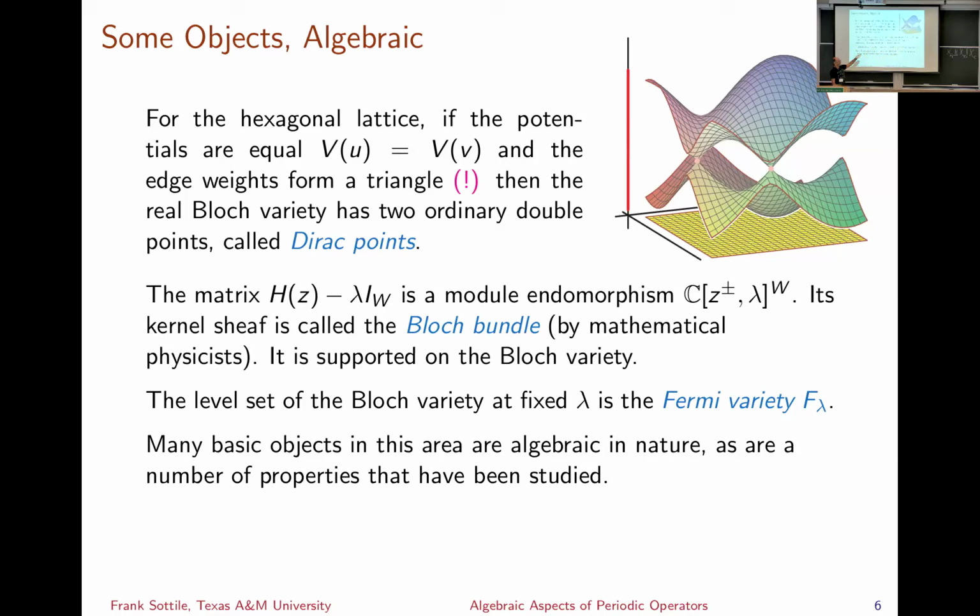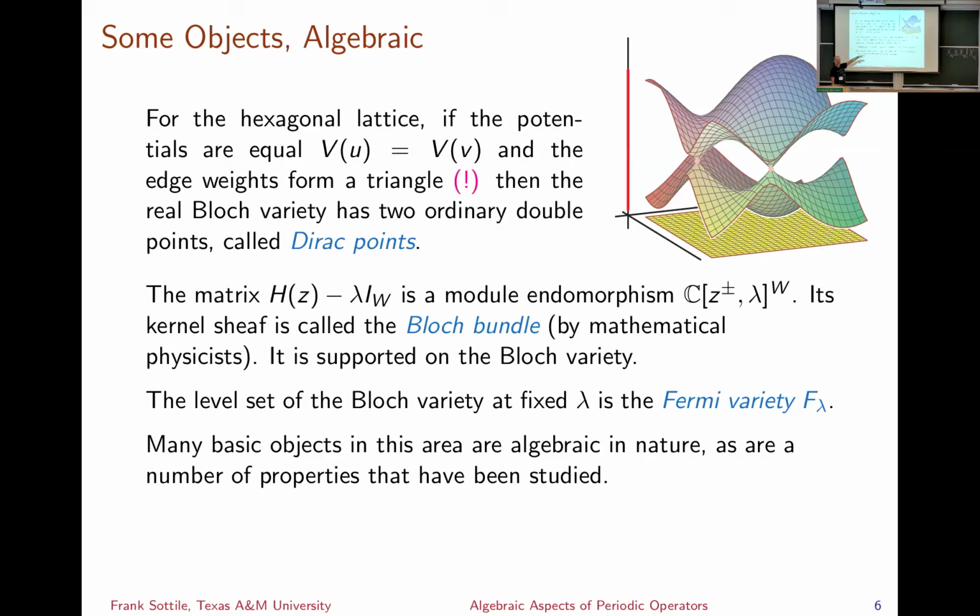It's really a sheaf, but we're talking to physicists, and it's supported on this Bloch variety. Those are some interesting objects that come from our world. And also the level set of a Bloch variety. So you pick an energy level and you just slice it horizontally. In this case, you get a curve.